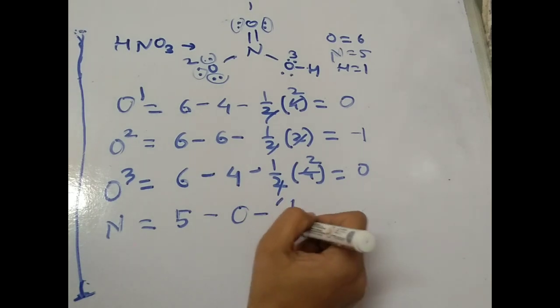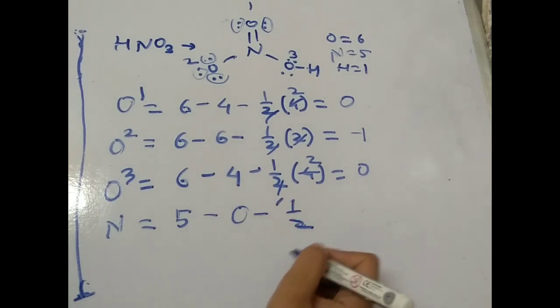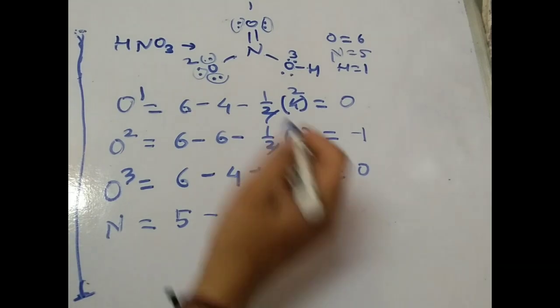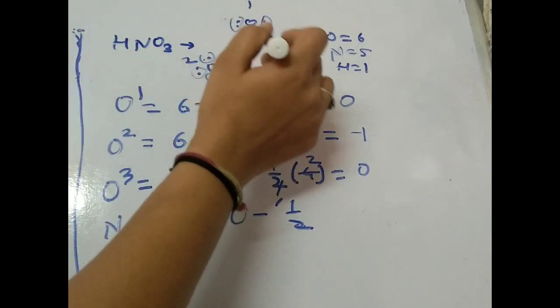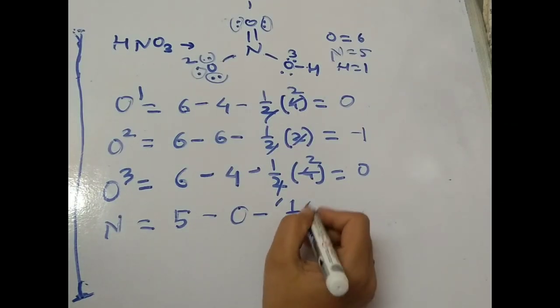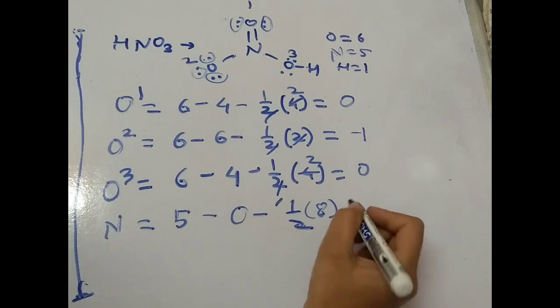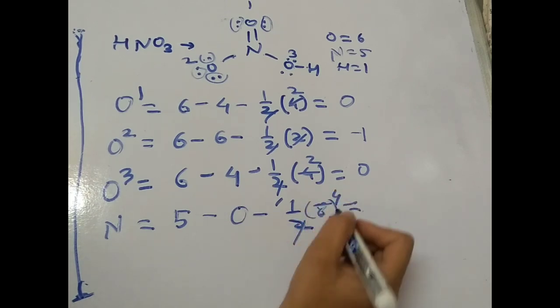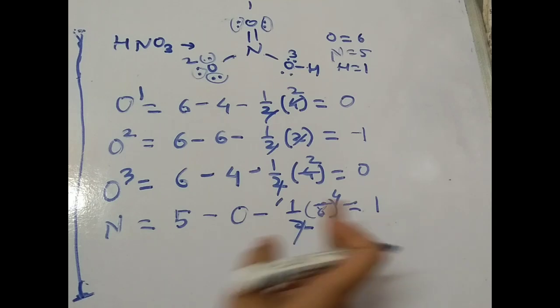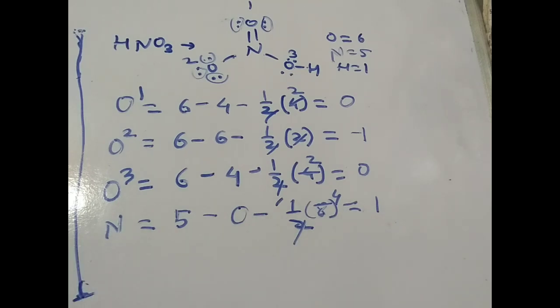Minus half the number of bonding electrons for N: 1, 2, 3, 4, 5, 6, 7, 8, that is 8 electrons in bonding. After the calculation, 5 minus 4 gives plus 1. So plus 1 is the formal charge for the nitrogen atom.